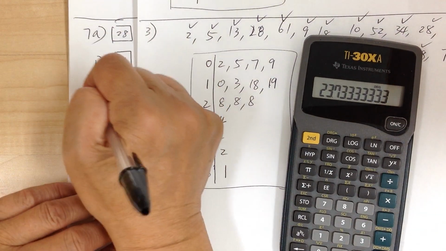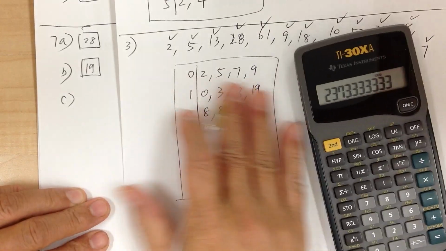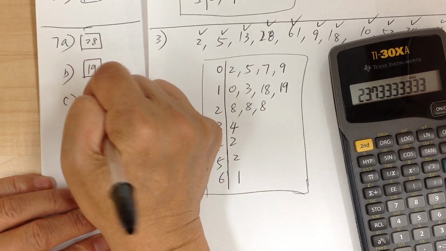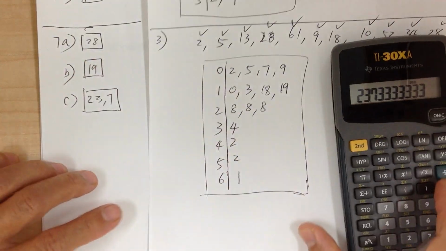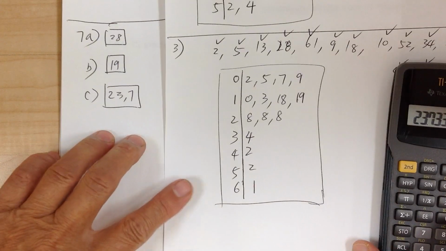Okay, so C, the mean or the average would be 23.7. Okay, so you can use this set of data.